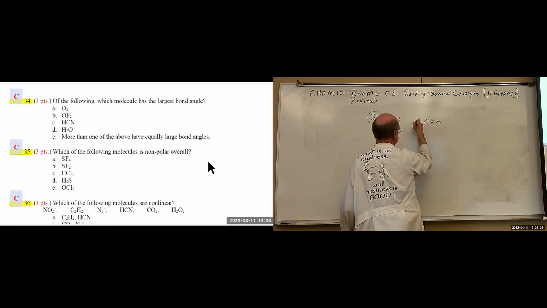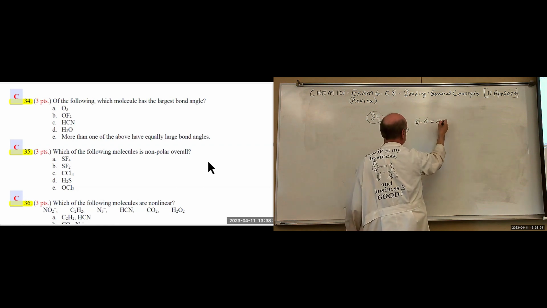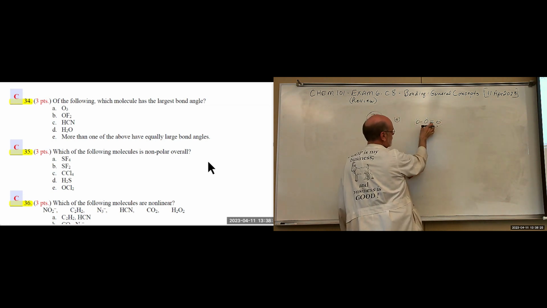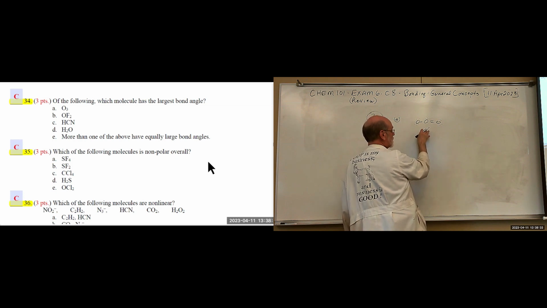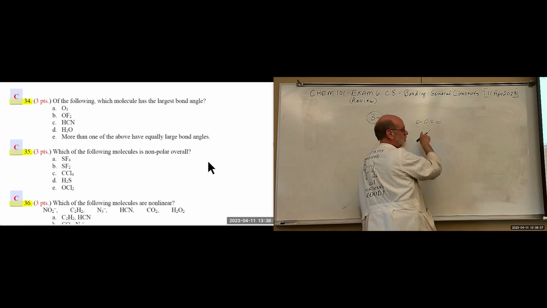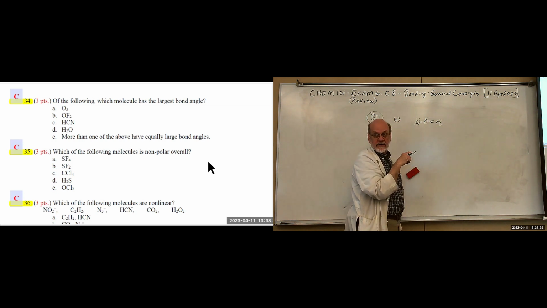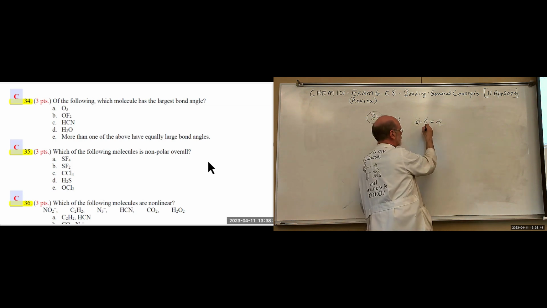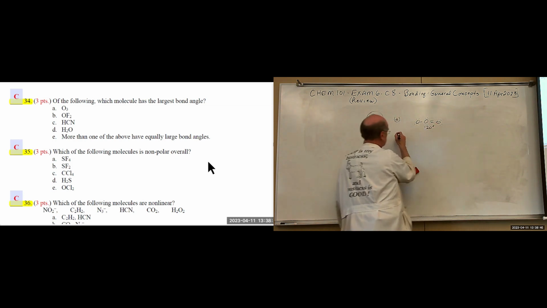This one is going to be a bent molecule. So this one's trigonal planar, which means the angle is going to be what? 120 degrees, isn't it? 120, 120, 120 is 360. So this is 120 degrees.